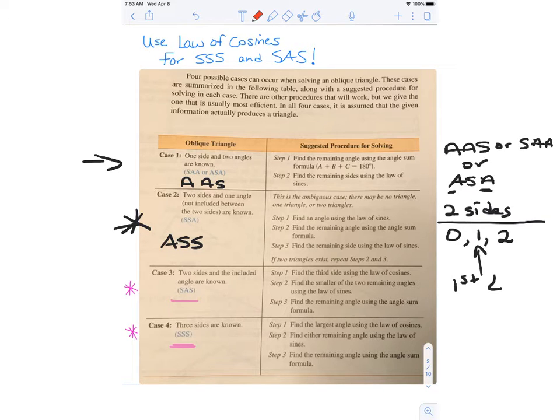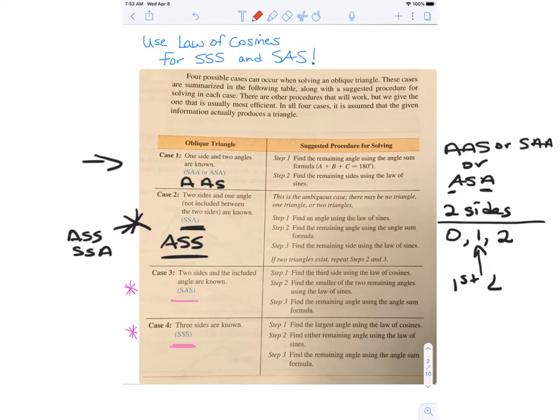So again, this is the only scenario, either ASS or SSA, when you have to do the check for the second triangle.